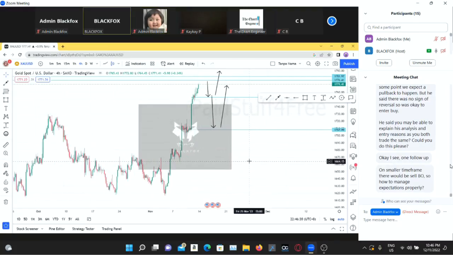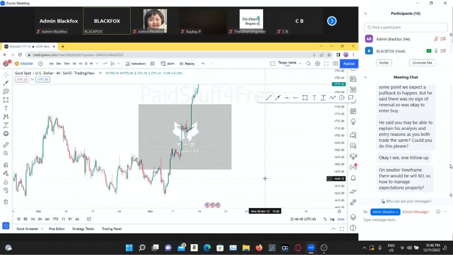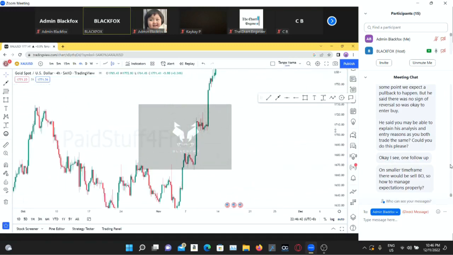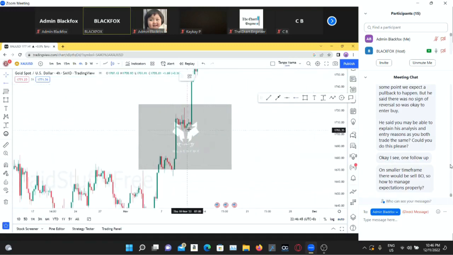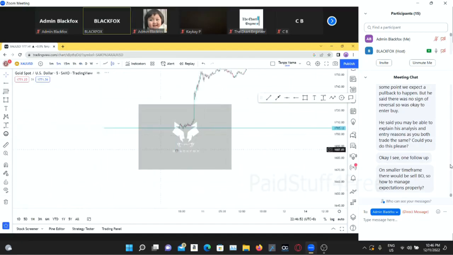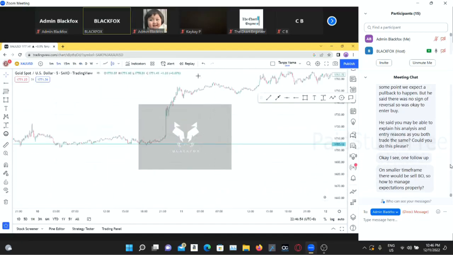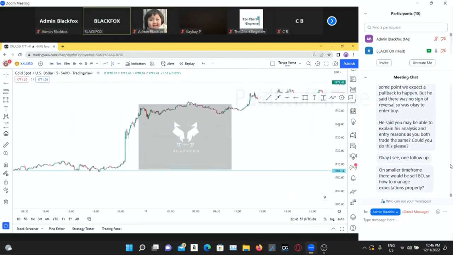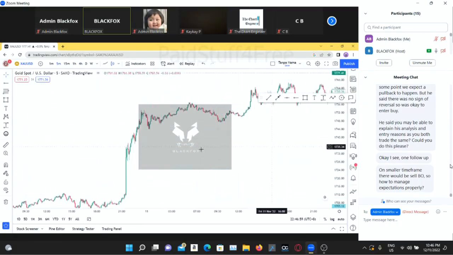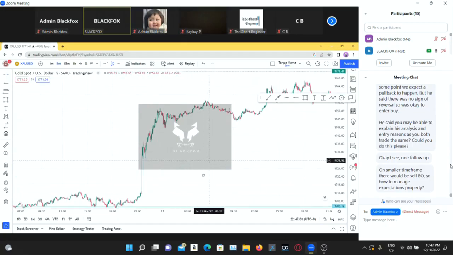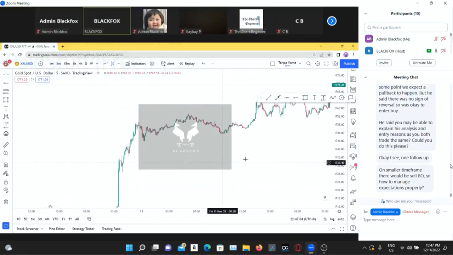On a smaller time frame there will be sell BO, so how to manage expectation properly? If I use a lower time frame and I don't get entry at this level, I will follow the direction, which is I will find a setup breakout buy at the lower time frame.